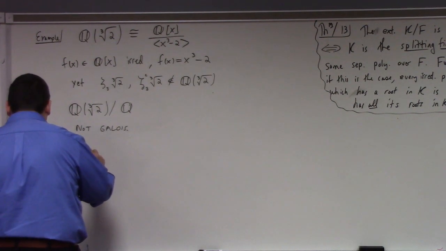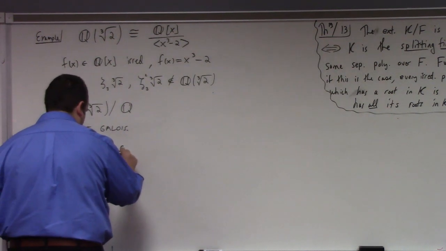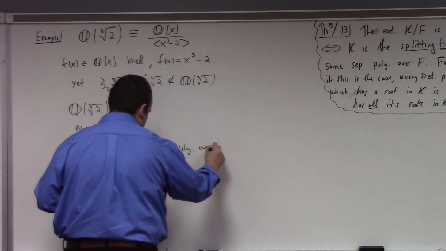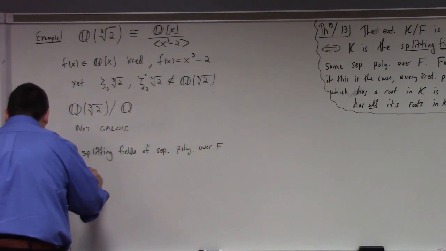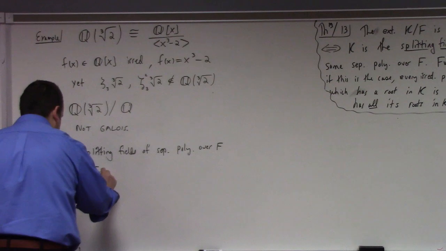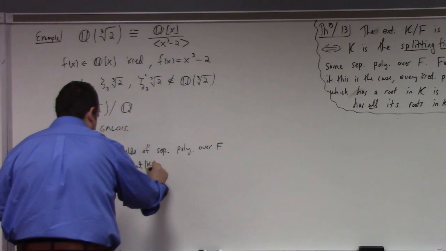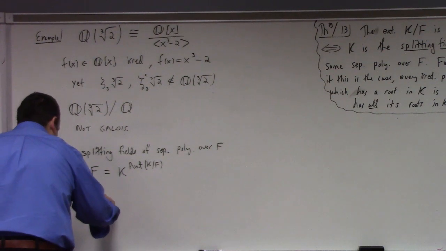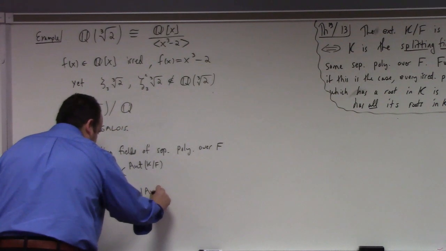He says, 1, splitting fields of separable polynomials over F. 2, fields where F is precisely the set of elements fixed by Aut(K over F), in other words, F is equal to K to the Aut(K over F). 3, and this was our definition of Galois, the degree of K over F is equal to the degree of the F-fixing automorphisms of K.